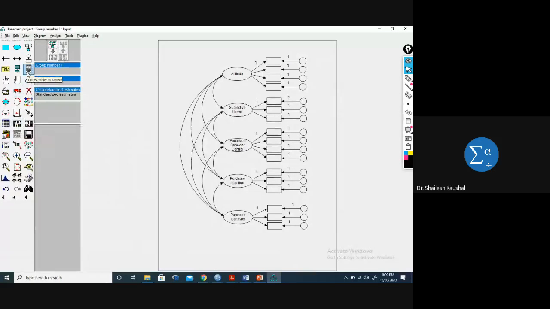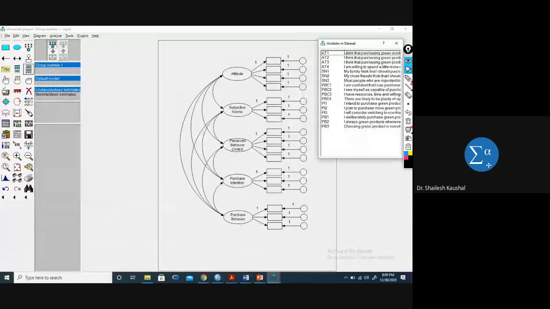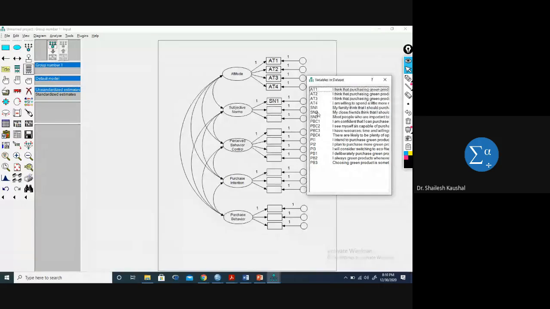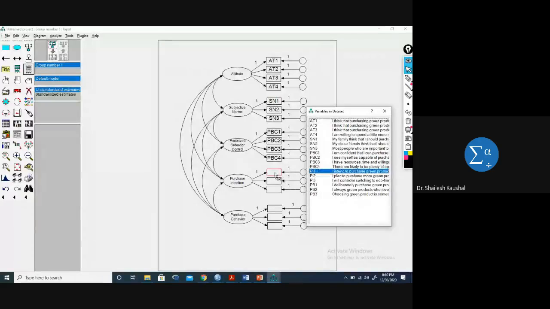After okay, this is the variable list. Now I am transferring here A1, A2, A3. Within 10 minutes you can create the model. Then SN1, SN2, SN3, PBC1, PBC2, PBC3, PBC4, and the others, PI1, PI2, PI3, PB1, PB2, PB3.